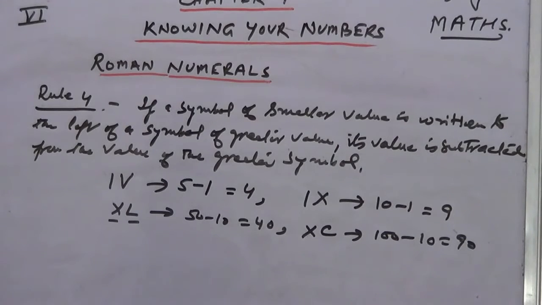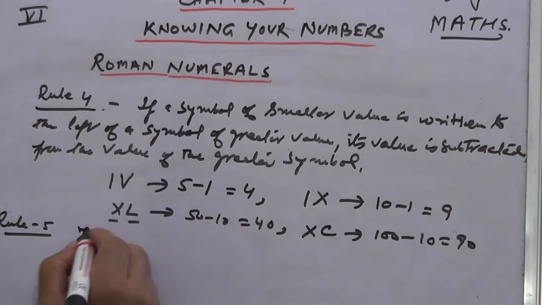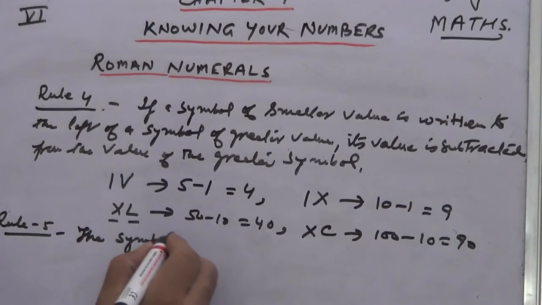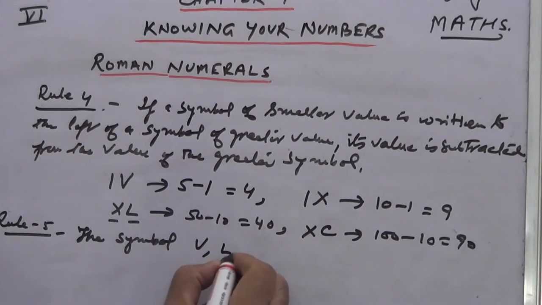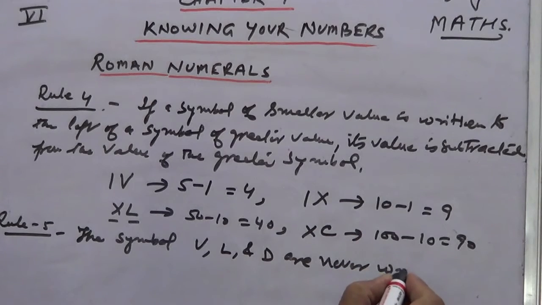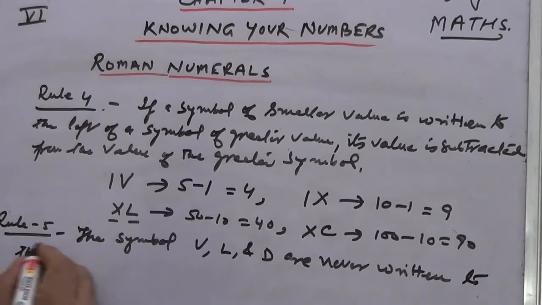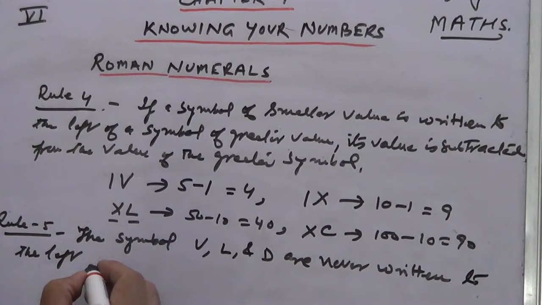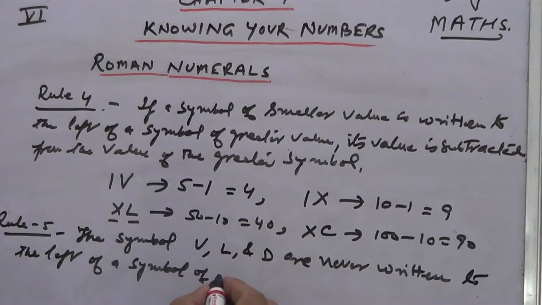Now the next rule is, the symbols V, L, D are never written to the left of a symbol of greater value.